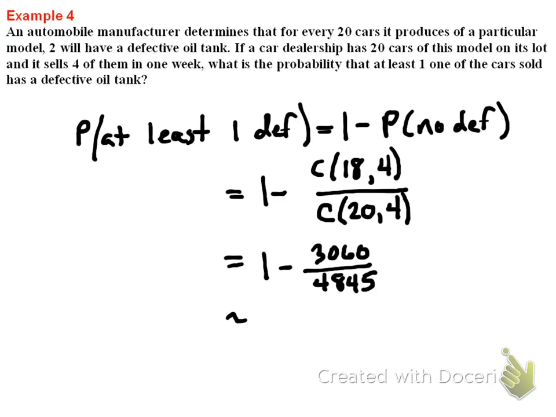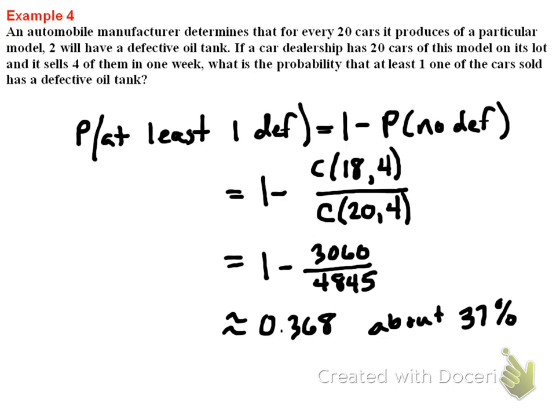Okay, so as a decimal first, this comes out to about 0.368, which is about 37% probability that you will sell at least 1 defective. The flip side of that is you could look at it as a 63% probability of not selling a defective oil tank that week.